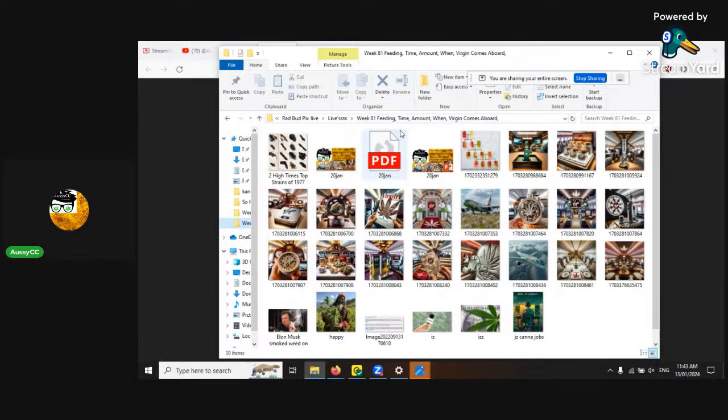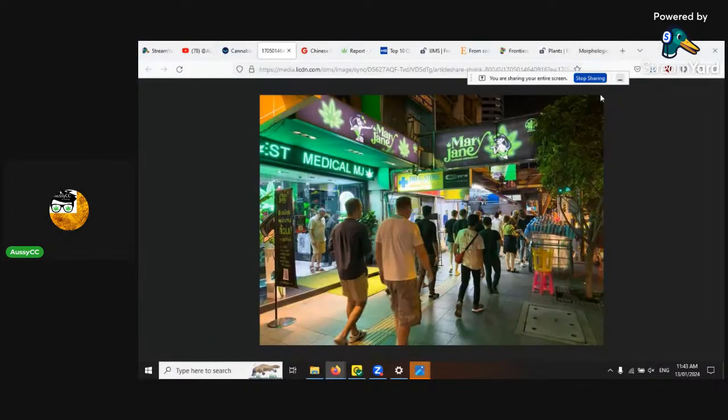So it's what time to feed, what amount, how to feed, what sort of program, how to work out your program for feeding, how to tell if your plant needs a feed at all, how to do it where you don't have to feed, where you can just give it water the whole time. That's the way to go organically, and just only react to deficiencies.